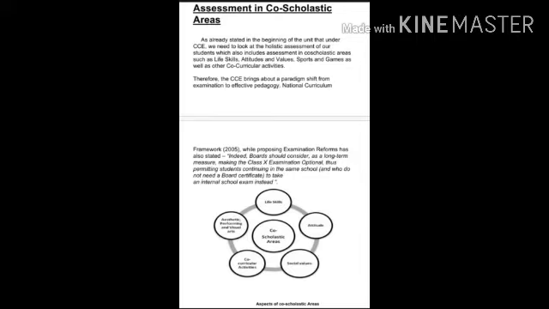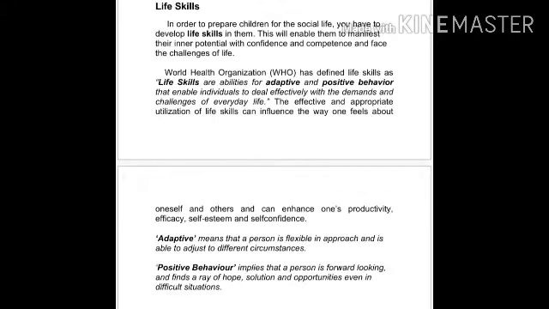Various co-scholastic aspects are life skills, attitudes, human values, co-curricular activities and aesthetic, visual and performing arts, etc. Let us discuss them in detail.